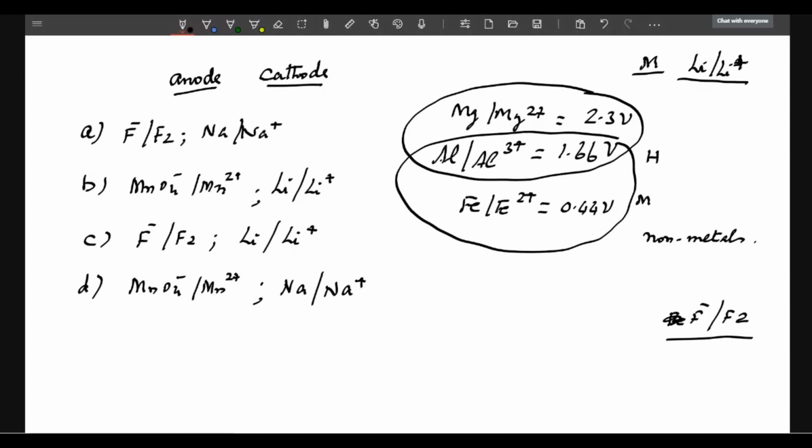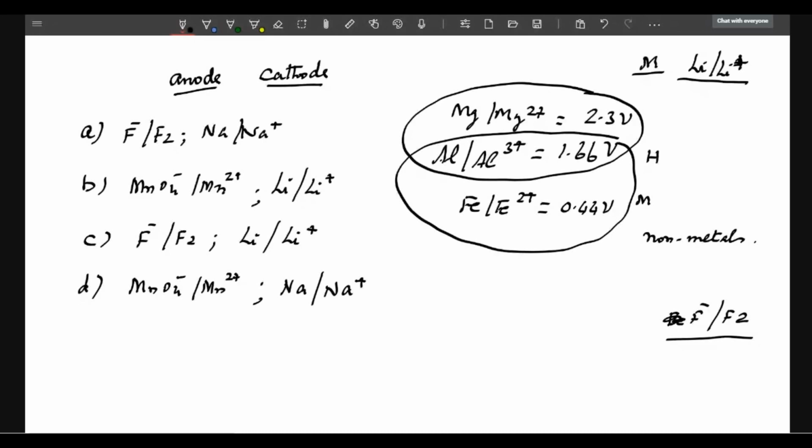Option D, sir. MnO4 minus Mn2 plus and sodium plus. What is asked? Once again, read the question. Which of the following electrodes cannot act as either cathode or anode of a cell, depending on the nature of the other electrode? If other electrodes are present, it will change the nature, either cathode or anode.